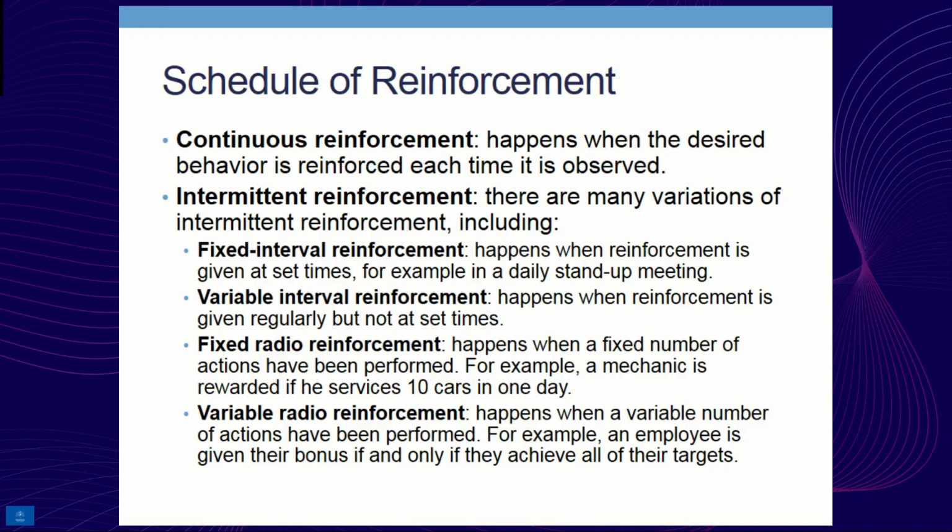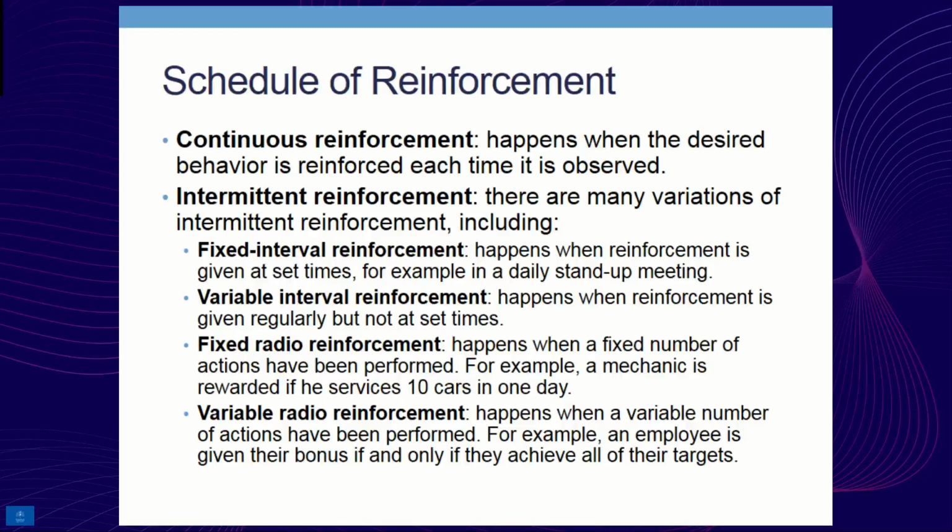Fixed interval reinforcement happens when reinforcement is given at set times, for example, in a daily stand-up meeting. Variable interval reinforcement happens when reinforcement is given regularly, but not at set times. Fixed ratio reinforcement happens when a fixed number of actions have been performed.